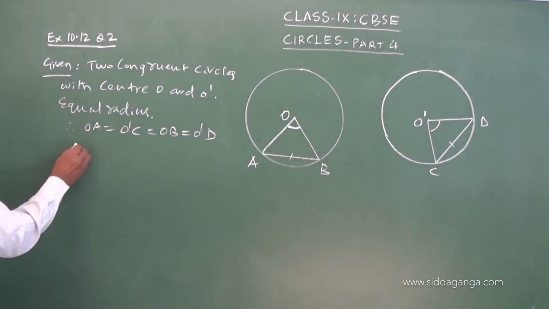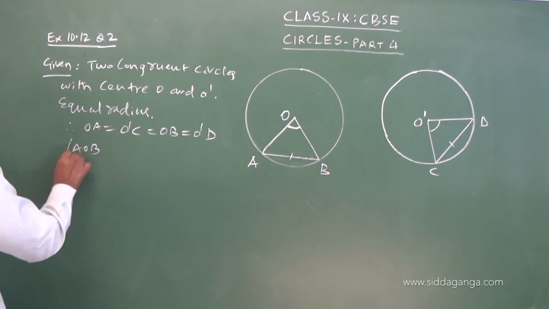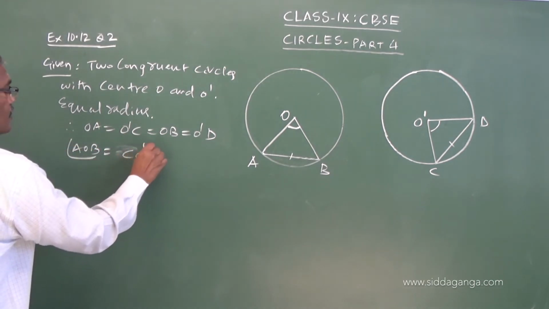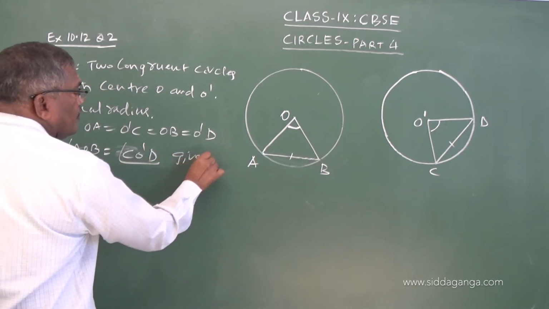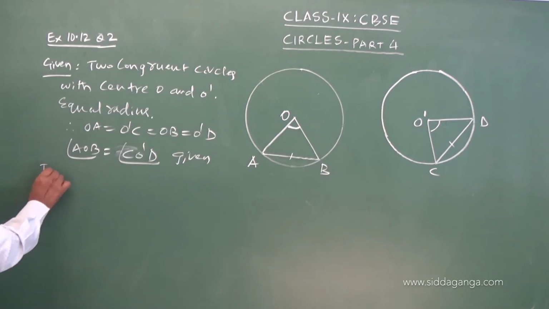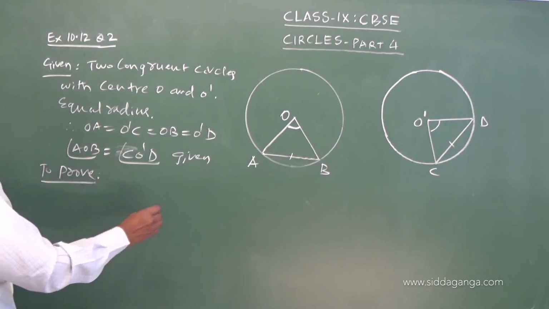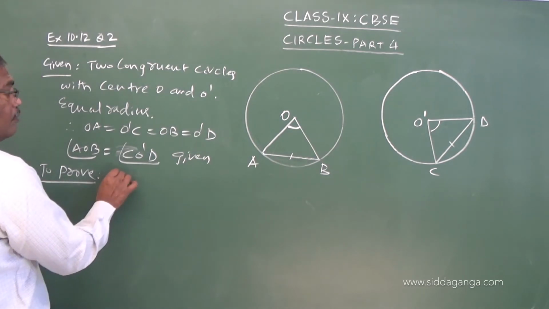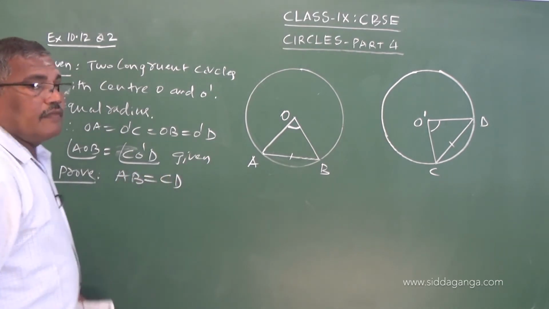Given: angle AOB is equal to angle CO dash D. To prove: AB equals CD.